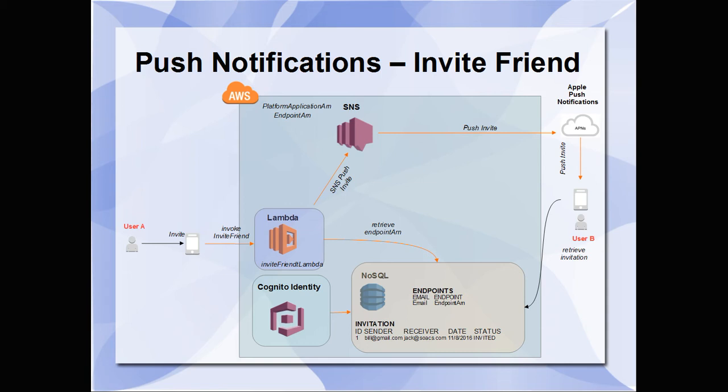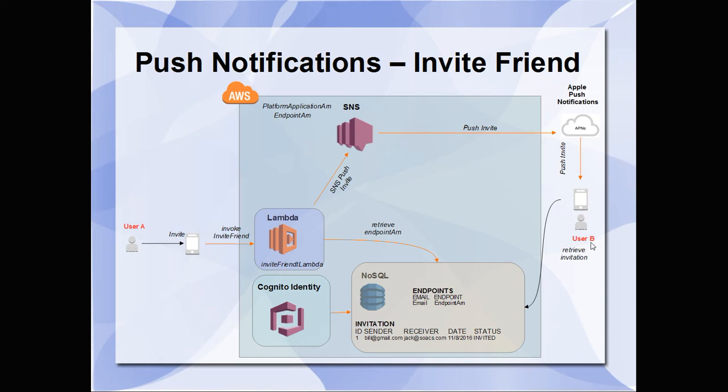So this user, okay, with this mobile device, which has an endpoint ARN in SNS as well as in my NoSQL database, wants to push an invitation. The only way user A can push to user B is if user B has an endpoint ARN.